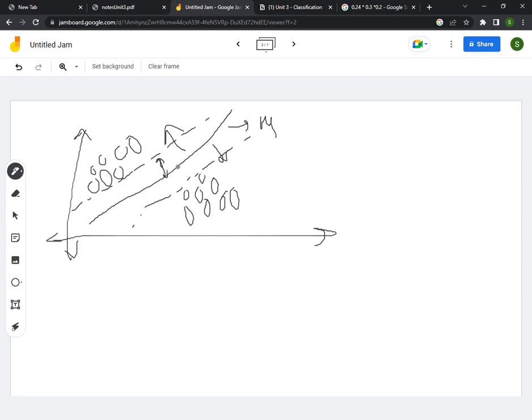The distance between this support vector and the hyperplane is called the margin. So this was the ideal concept behind support vector machine, SVM.